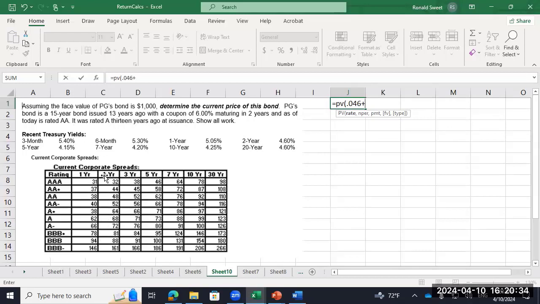So it's 2 years. What's it rating? 80. So 48. What is 48? 0.48, 0.048, 0.0048, 0.00048, 0.0048, right? And we have to divide that by 2, right?